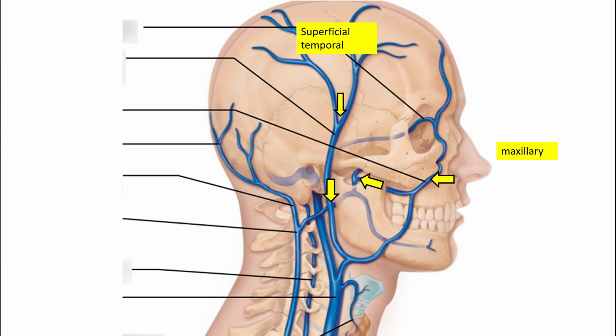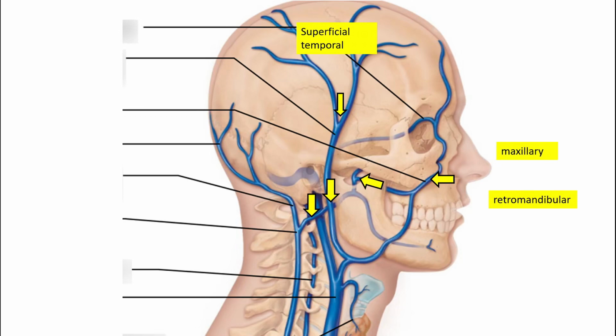So the retromandibular vein equals the superficial temporal vein plus the maxillary vein, and this retromandibular vein is going to divide into 2 branches, an anterior and a posterior one.